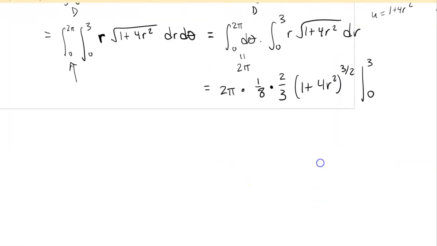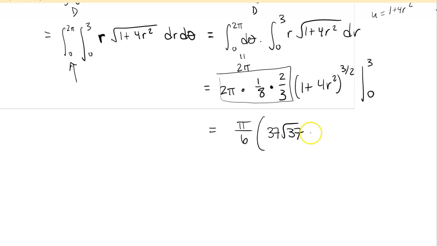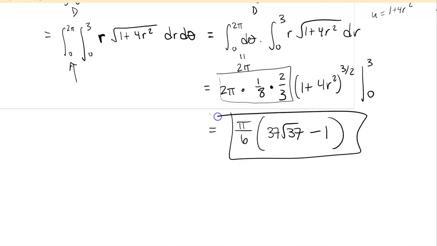Please don't get lazy. Plugging in both of those does yield a number. Simplifying all the constants out front, we get pi over 6. Then we plug in 3: that is 37 to the 3/2, so I'll write that as 37 root 37. We plug in 0, that's 1 to the 3/2, so minus 1. There is our surface area.